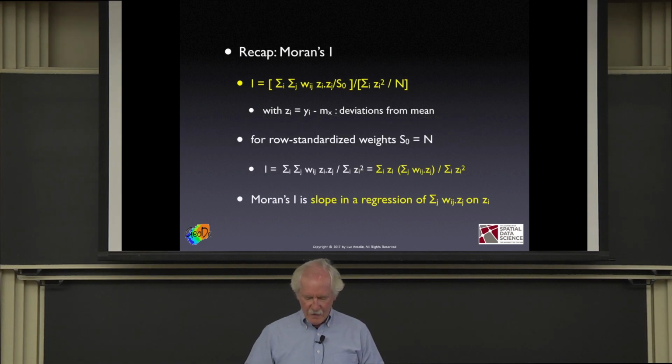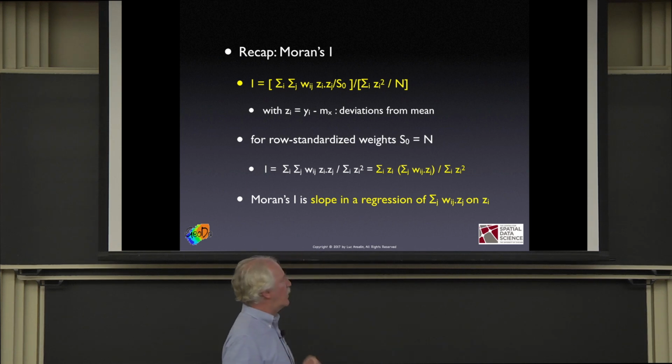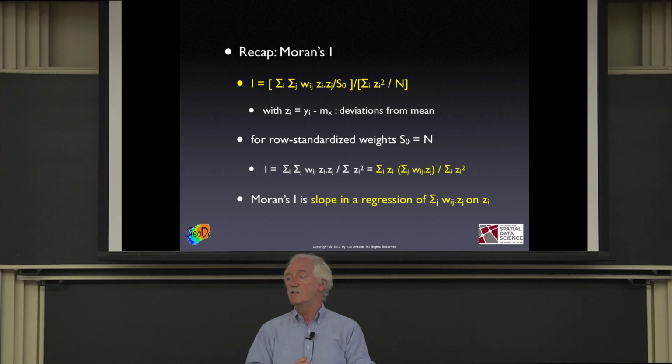So Moran's I, I don't need to recap, we just did it, but if we go a little lower and do a little bit of algebra, especially if we row standardize the weights. Row standardizing, just to refresh your memory, means that each row of the weights matrix sums to 1.